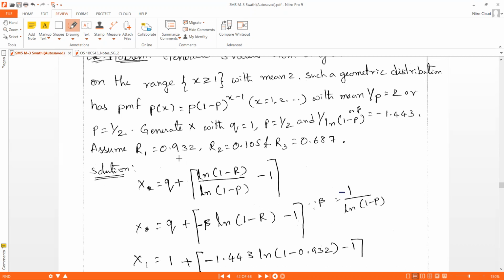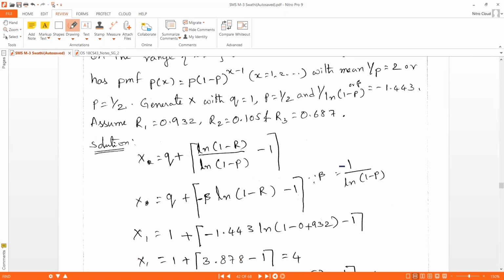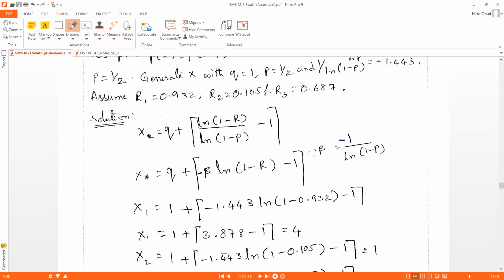The first random number is 0.932. We will write 1 minus 0.932, minus 1. If you solve this, we will get 1 plus 3.878 minus 1. That value, 3.878 minus 1, is nothing but 2.878.